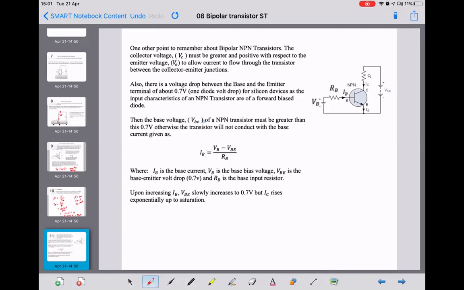Furthermore, there's a voltage drop between the base and emitter terminal of about 0.7 of a volt. We know that because that's the forward bias that we need to turn that part of the transistor on. So the base voltage of the NPN transistor must be greater than this 0.7.